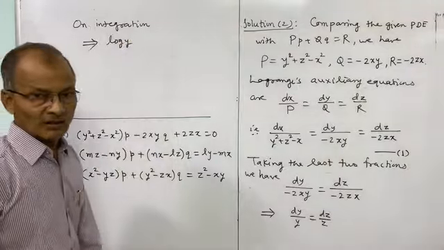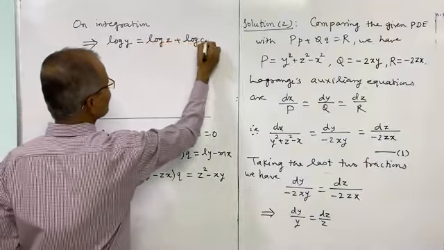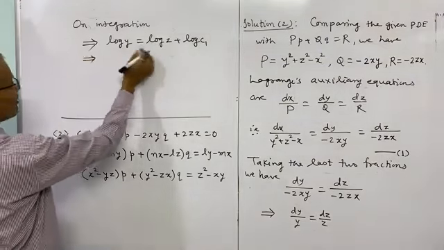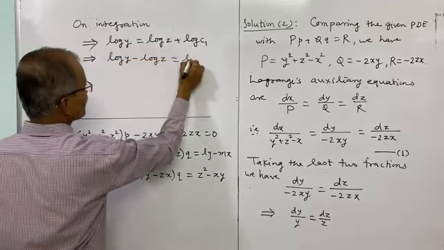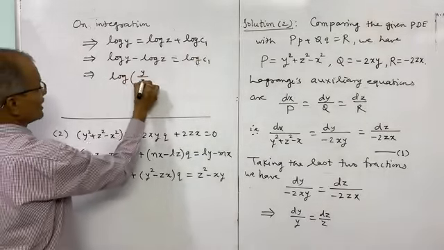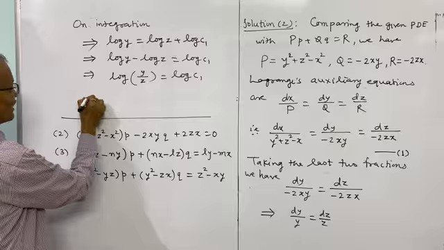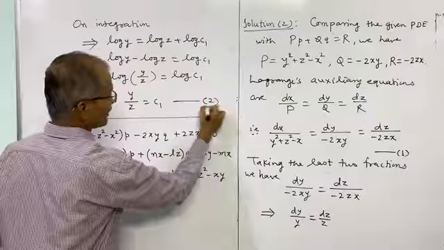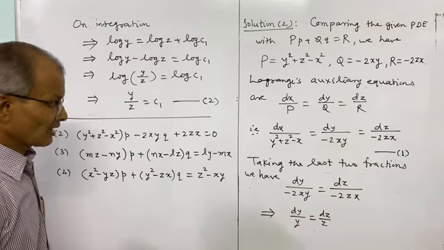Integration of dy upon y is log y, and the right side integration is log z, and we also consider the constant in terms of log of c1, and thus further this implies log y minus log z is equal to log c1, or by using the law of logarithm, log of y divided by z is equal to log c1. Eliminating log on both sides, that gives y upon z is equal to c1. So we have obtained one solution from equations 1, equating the last two ratios.